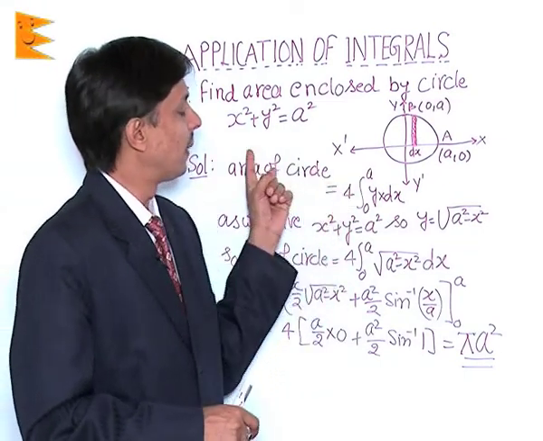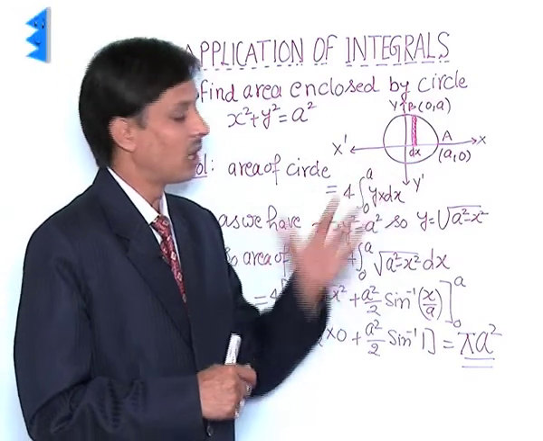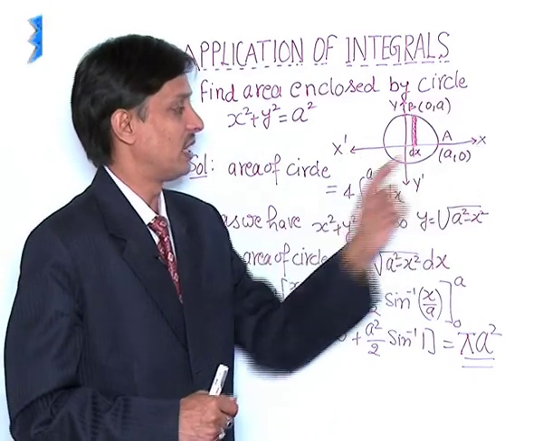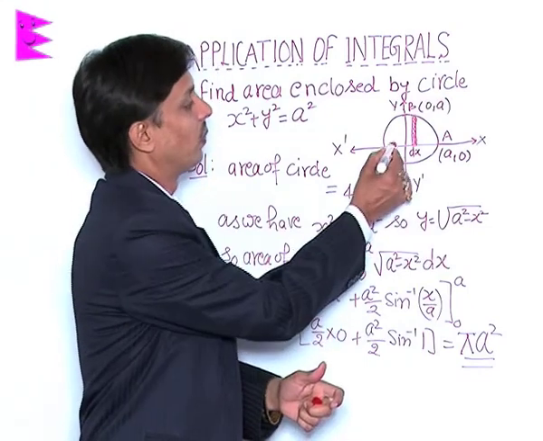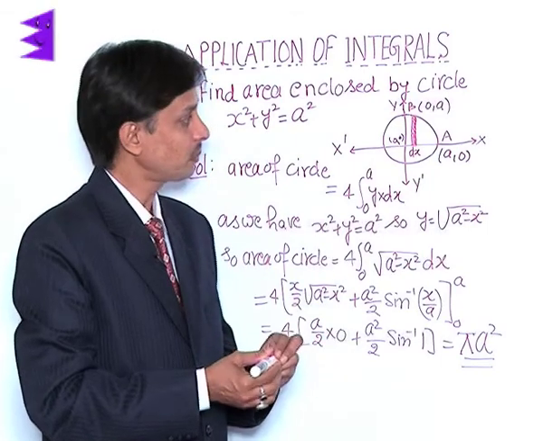So ultimately, if I give the sketch, then what will come out? It will be this shape. This is x dash x, that is the x axis, the vertical one is the y axis, and the point of intersection of both is the origin (0, 0).